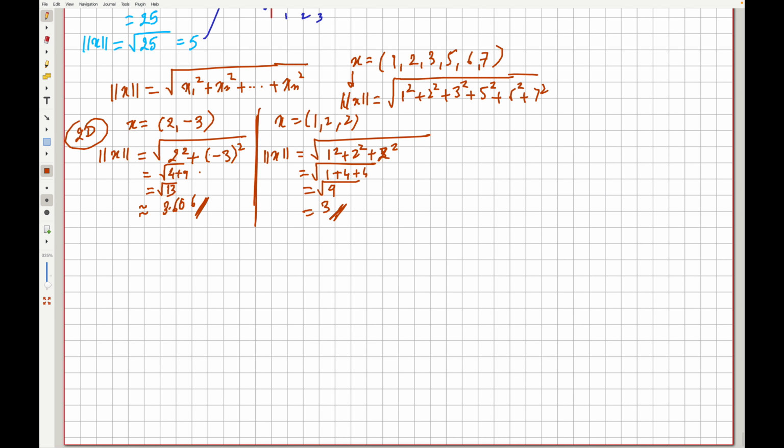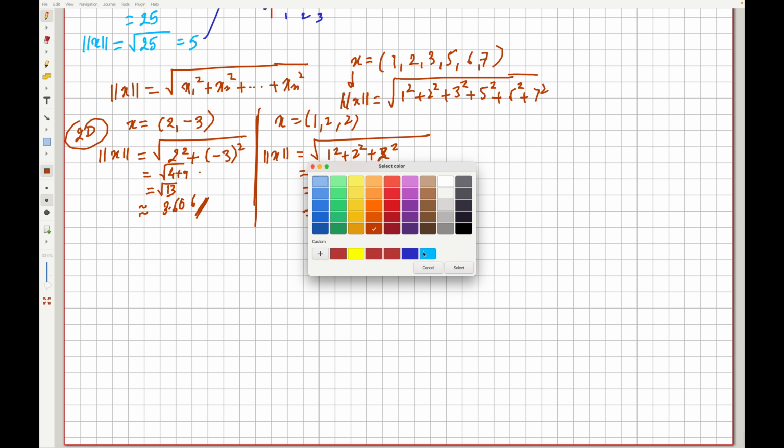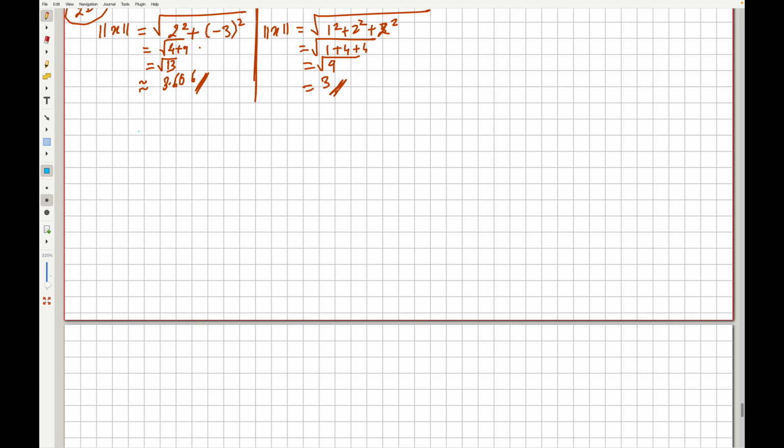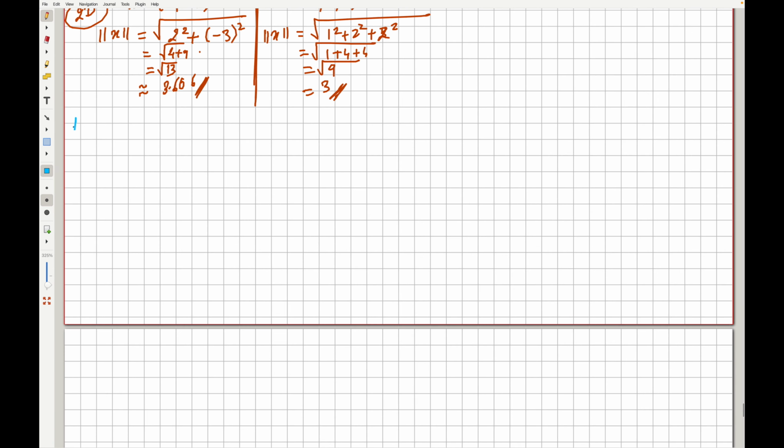And there's another important concept that we need to look at, and that is normalizing vectors. So why do we normalize? The reason we normalize vectors, and that's important in neural nets, is to make all inputs have the same length, so that some features with larger values don't dominate.